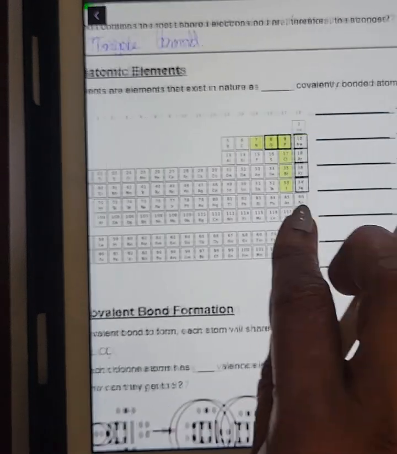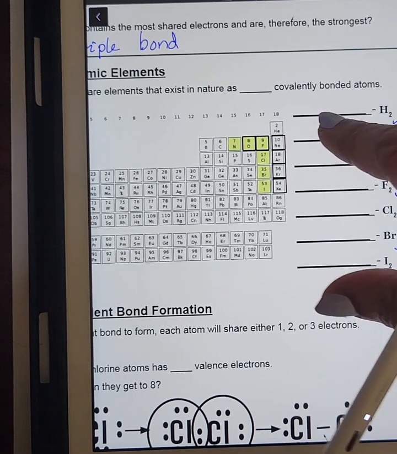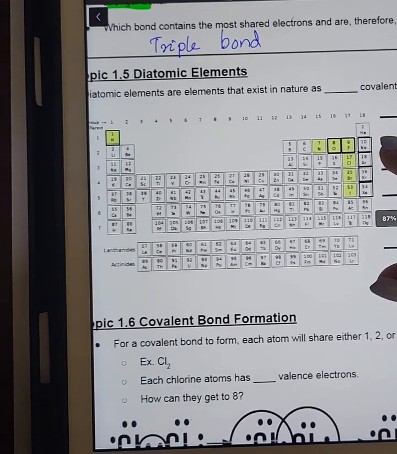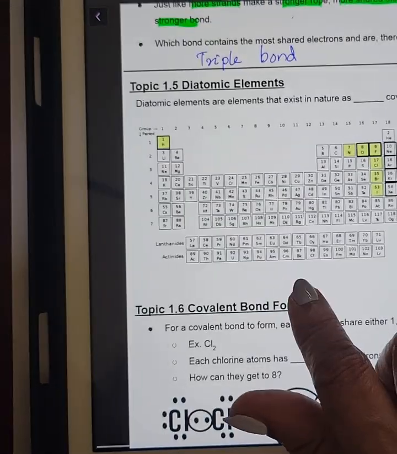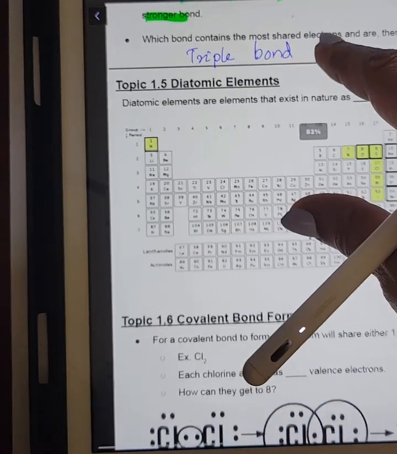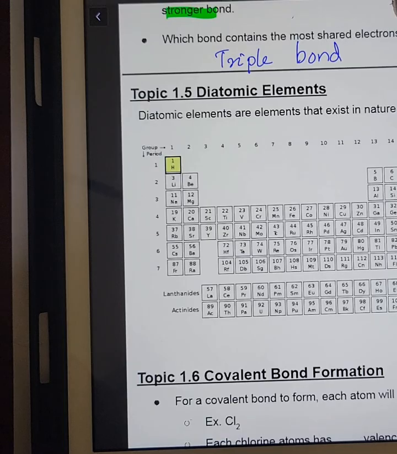Say for example, hydrogen will exist as H2, nitrogen will exist as N2, oxygen will exist as O2, F2 will exist as F2, Cl2 will exist as Cl2, Br2 will exist as Br2, like that. So they are called diatomic molecules. Diatomic elements are elements that exist in nature as diatomic.